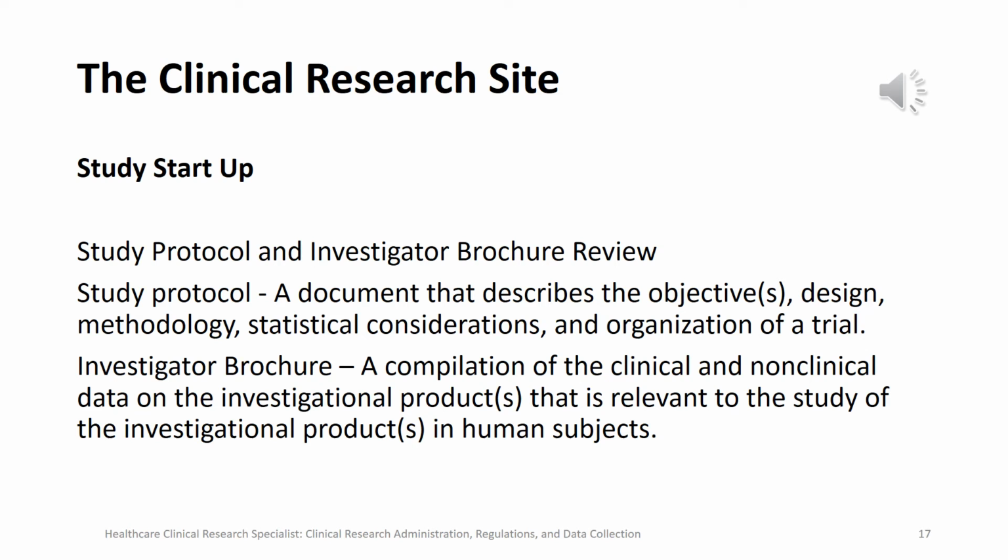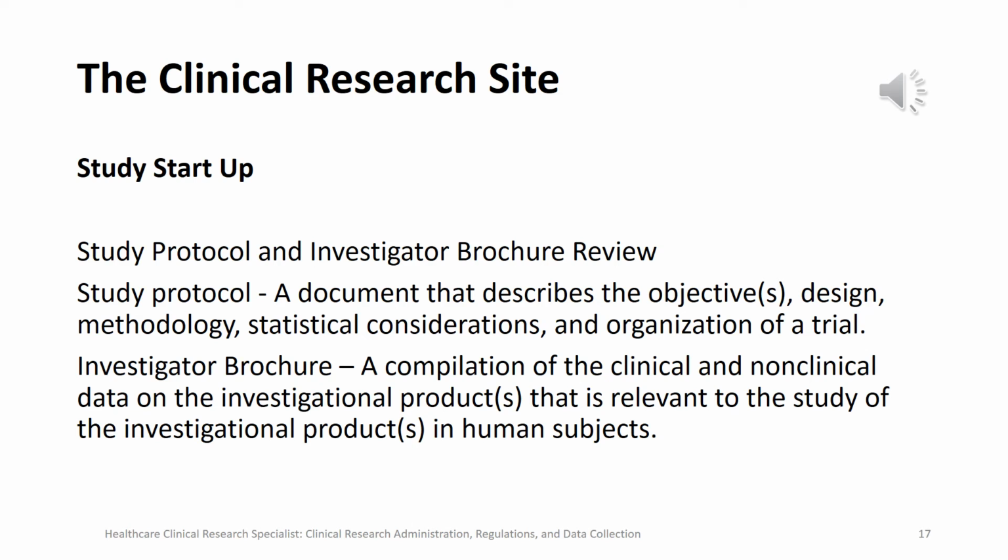You also have the investigator's brochure, and this is a compilation of the clinical and non-clinical data of the investigational product that's relevant to the study of the product in human subjects. So if there had been any trials that had taken place prior to that, that clinical data would be compiled in that investigator's brochure.